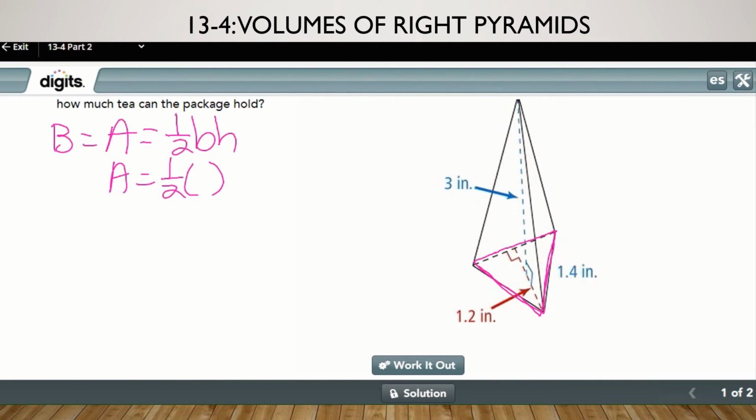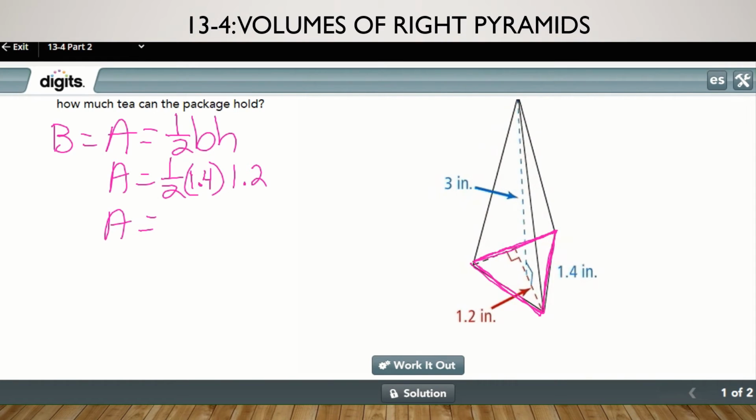What is the base of the base? If we're looking at just this triangle here, the base of that triangle is 1 4/10. Now looking at just that triangle that I outlined in pink, the height of that triangle is 1 2/10.